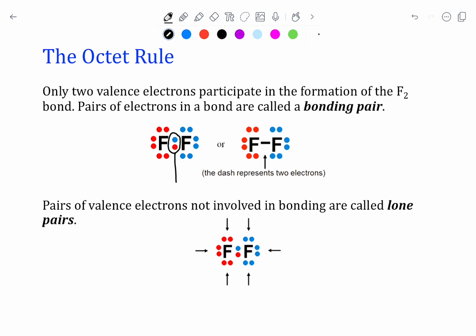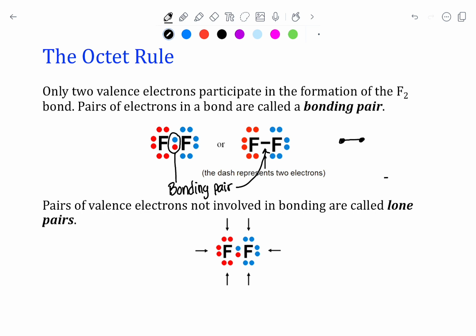So this pair right here is a bonding pair. And we typically show our bonding pairs in structures as a line. Our line represents our two electrons that participate in the bond formed between the two atoms. You can think of it like here's an electron, there's two electrons there, and we connect the dots to form a bond. So if the electrons are in a bond, they are considered a bonding pair.